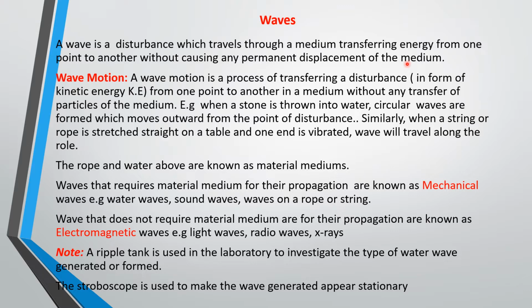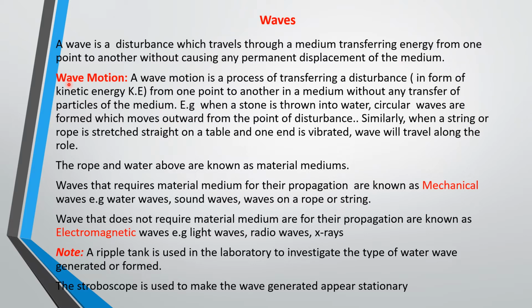Depending on the shape of the stone, if the object that landed on the water is circular or maybe straight, the wave that we generate will look like the shape of the particular object. So you see the disturbance on the medium without permanently displacing the water, because the water will remain the way it is, but you will see the disturbance of the water that spreads out from the point of the disturbance. So that is just what wave is all about.